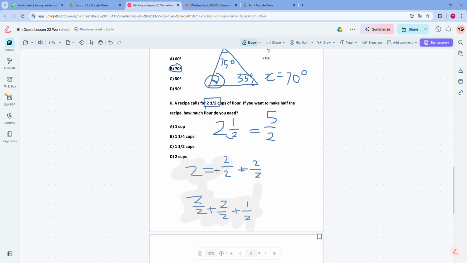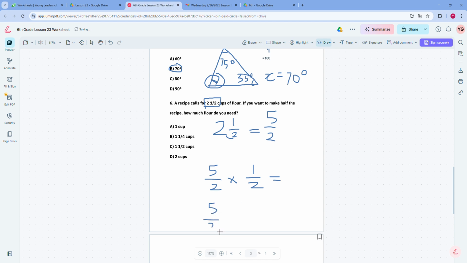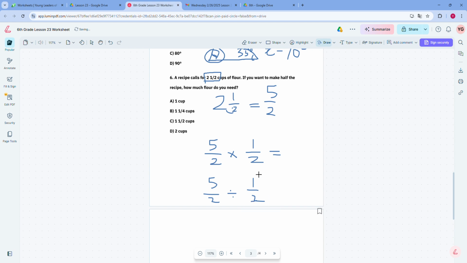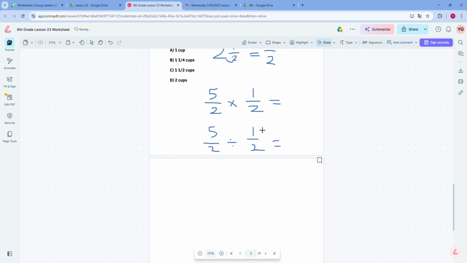And now we need to find half of 5/2. You can do that by multiplying by 1/2. And the reason why you multiply instead of dividing is because if you divided by 1/2, that would actually get you a bigger number, because 5/2 divided by 1/2 is equal to 5/2 times 2.